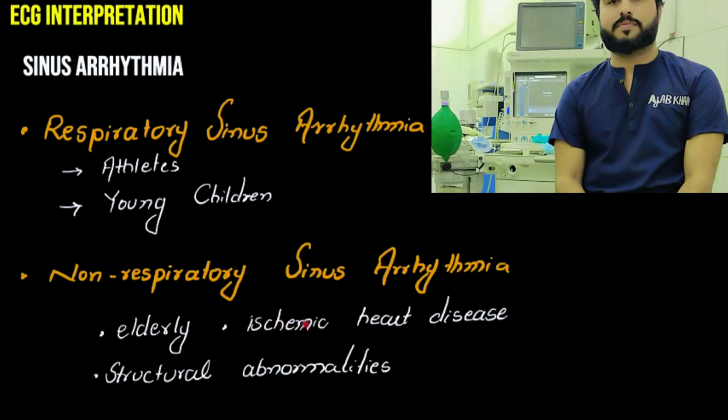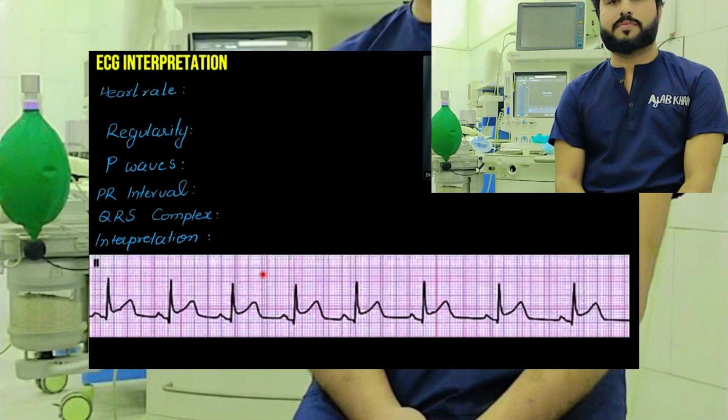It is seen in ischemic heart disease, in structural abnormalities, and sometimes in elderly people. The activity of sinus node is not related to the respiratory system. The sinus node starts firing more sometimes, slows down sometimes, and it is not associated with respiratory inhalation or exhalation. That is an abnormal thing.